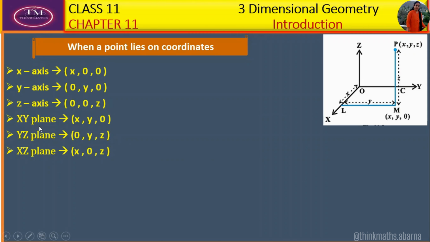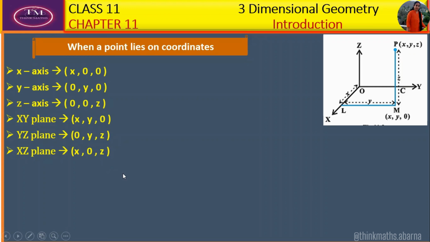If it is in the xy plane, the coordinates have values for x and y, not for z. If it is in the yz plane, it will be 0, y, z. If the point is in the xz plane, it has the coordinates x, 0, z. Clear? So these are the points which lie on the coordinate axes and planes.